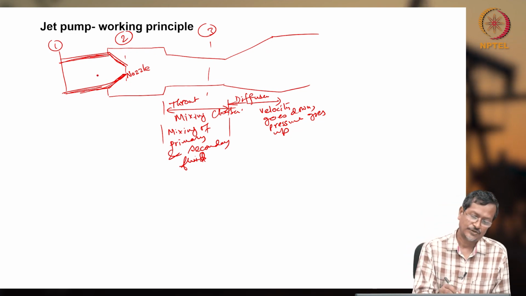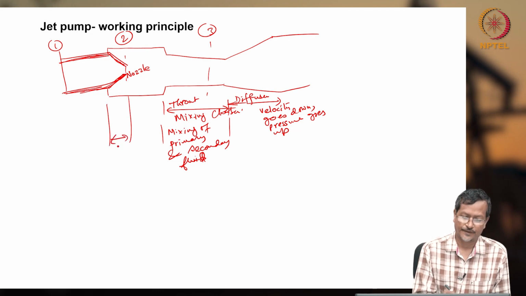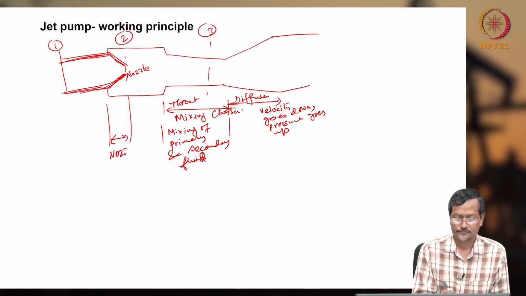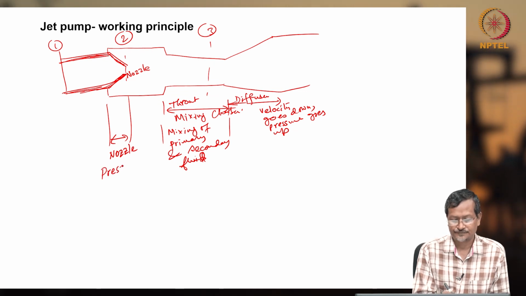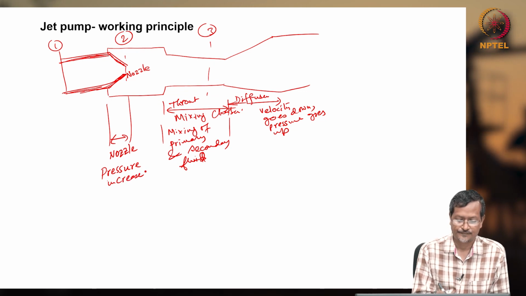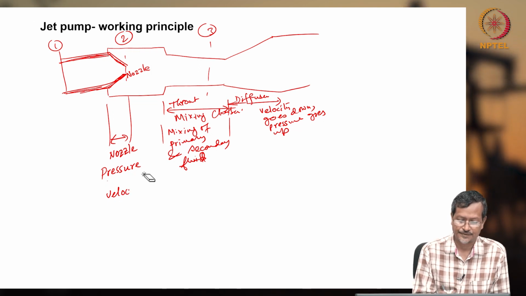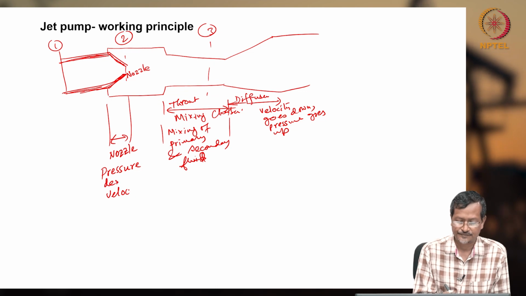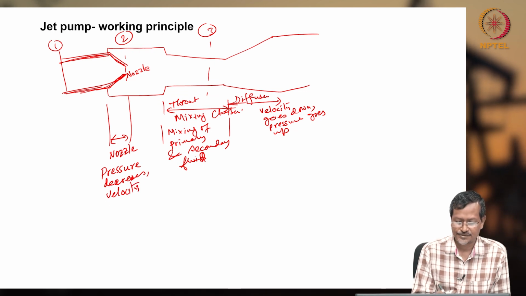Okay, this is nozzle. So what happens in the nozzle section? In nozzle section pressure decreases, velocity increases.